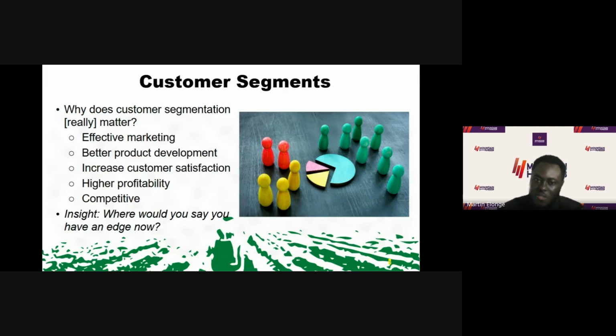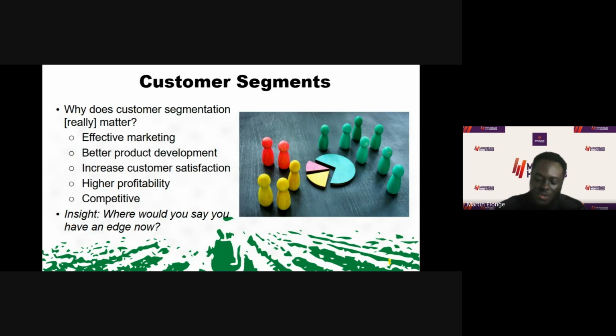So we'll have satisfaction because we're not giving them irrelevant information. We're not over-communicating and we're not under-communicating. So there is customer satisfaction. We're not giving them a product that does not meet their needs.